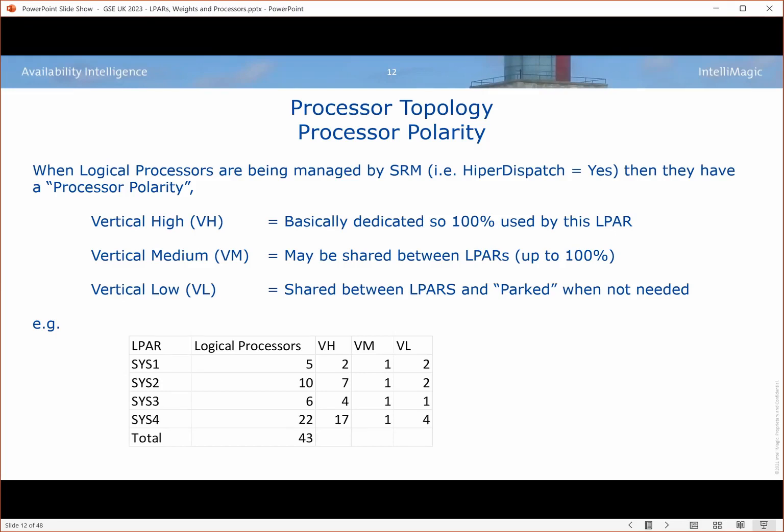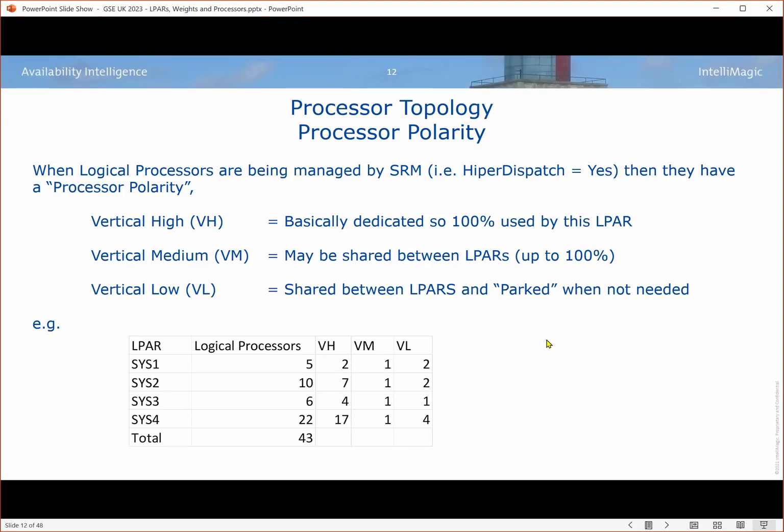A vertical medium processor can be shared and will be shared between LPARs, and it's between 50 and 100%, somewhere in that range. And then we have vertical low processors, which are much smaller, that share value, and are shared between LPARs. And when they are not being used, they can be parked, which means they don't use any resources.